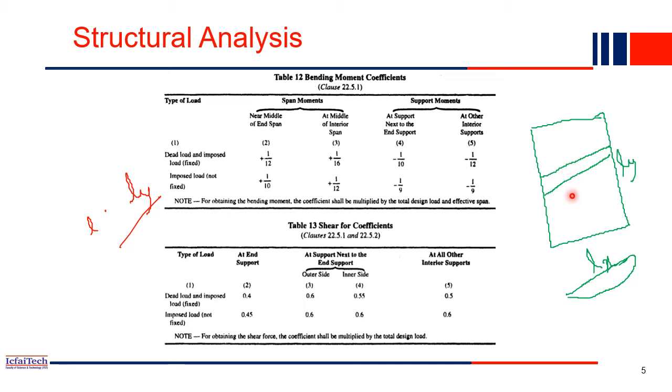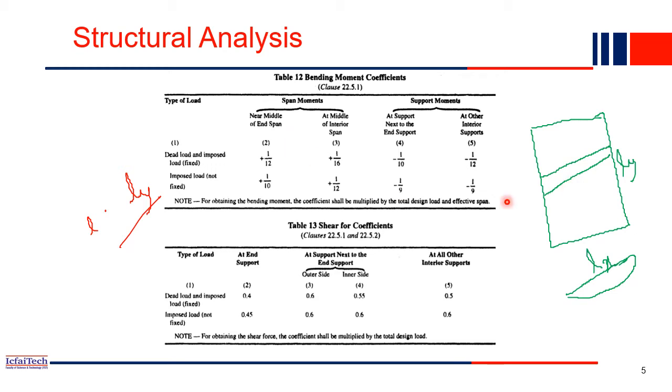For the next meter width, the same reinforcement will be provided. Whatever we get here, the same will be provided here, here, here, and so on. The entire slab will be provided like that. That's why the one-way slab is very similar to the beam design we discussed earlier. The only difference is that the width of the beam is 1 meter. So we'll design this 1 meter beam and then replicate the same design in the other portions.